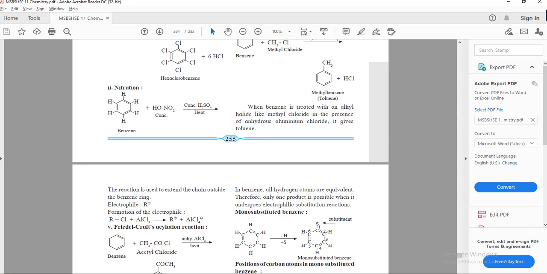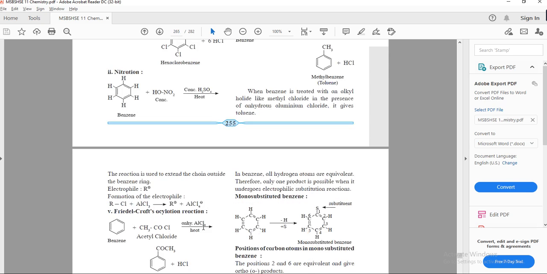RCl is an alkyl halide. The electrophile generated here is R plus, an alkyl with a positive charge, and AlCl4 minus. So it is a Friedel-Crafts alkylation reaction.